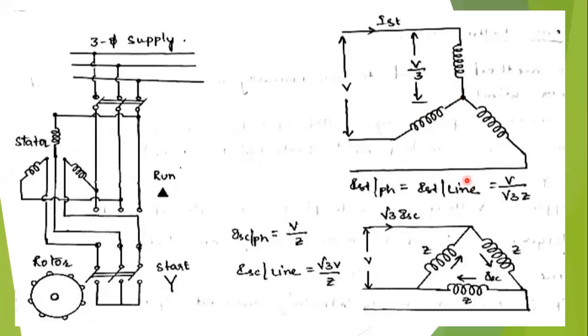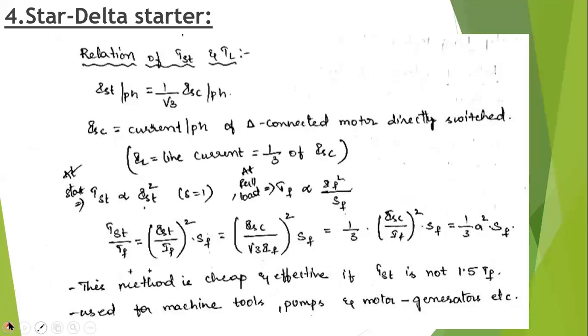If the applied voltage is reduced by 1 by root 3 times, torque will be reduced by 1 by 3 times compared to directly connected in delta, and line current is reduced by 1 by 3 times. So 1/3 as much starting current develops 1/3 as much torque. Now the relation between starting torque and load torque.